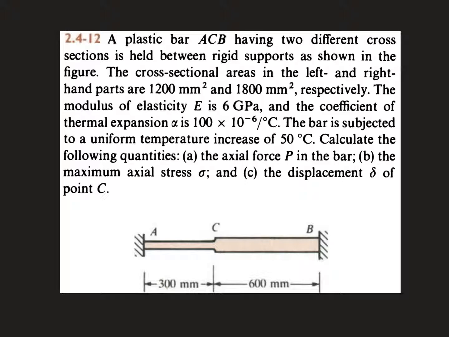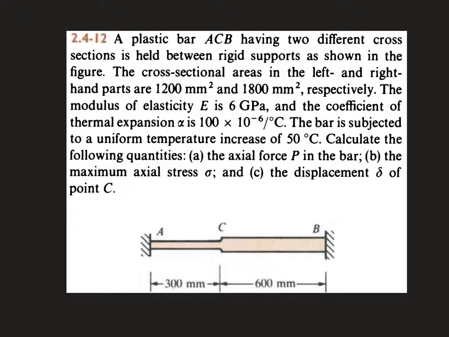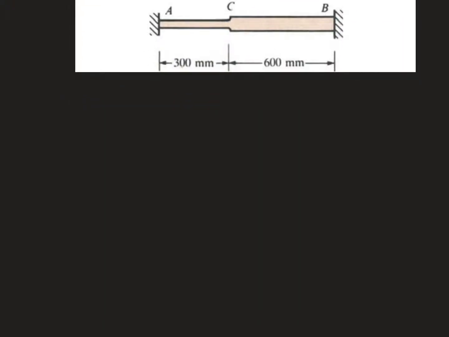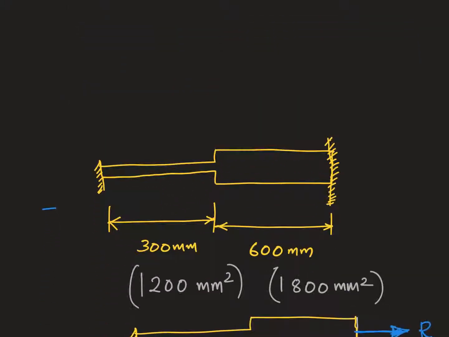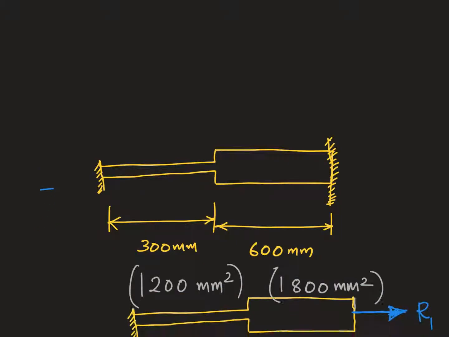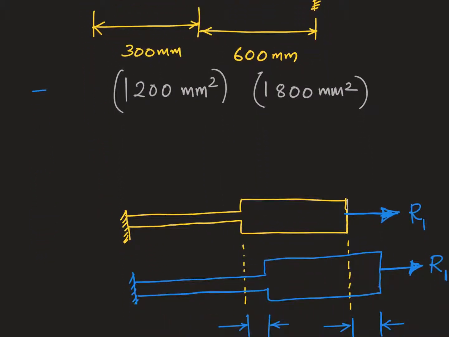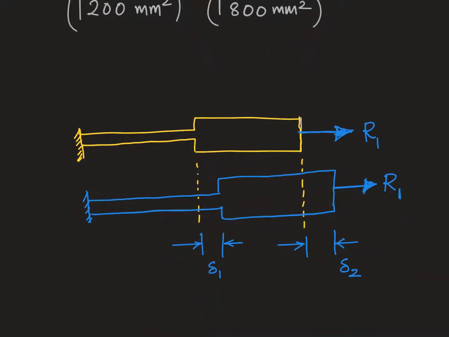Then we will solve for the reaction RB, and then compute the deflection at point C. So in effect, we will be solving the problem like this. I removed the support from here and replaced it with a force capital R1, an external force.